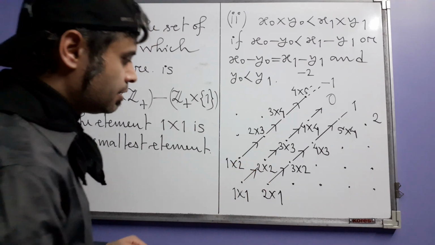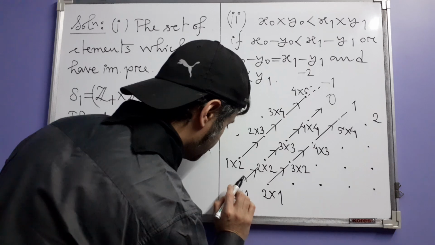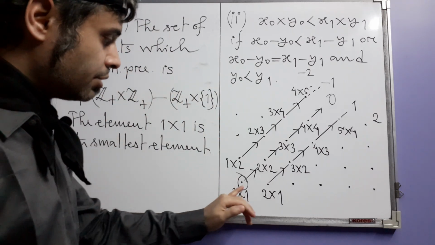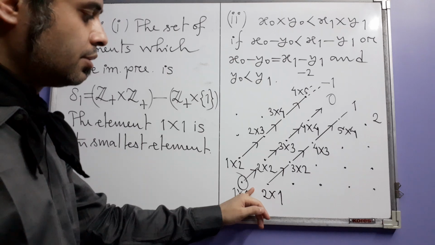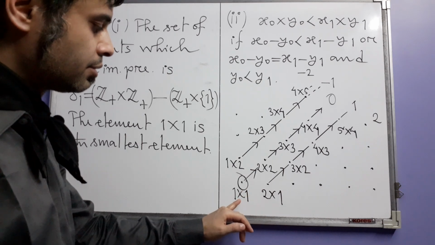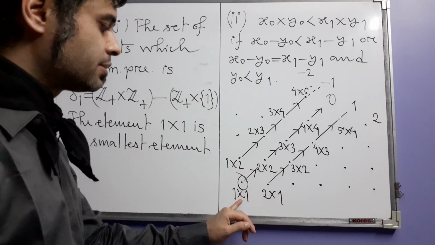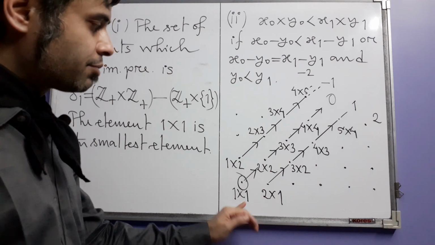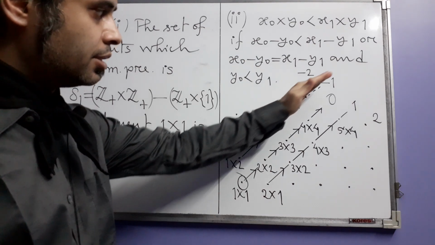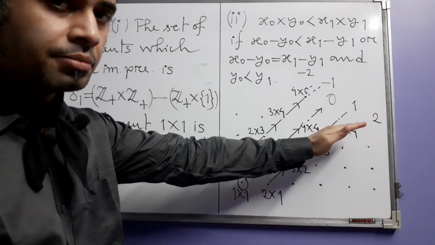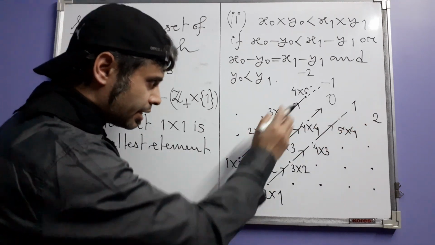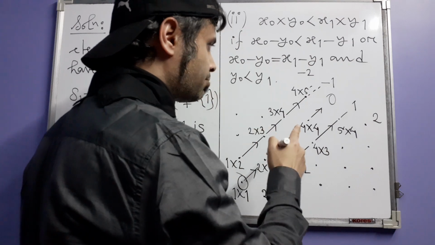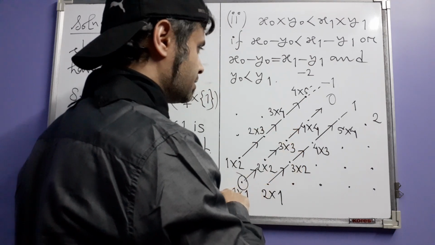Why though? Let us consider this point for example. Immediate predecessor means you are looking for that point which is just less than (1, 1). For that you have to look at points on this line, above this line. But again, just like dictionary order, you won't really find that point which is just less than this.